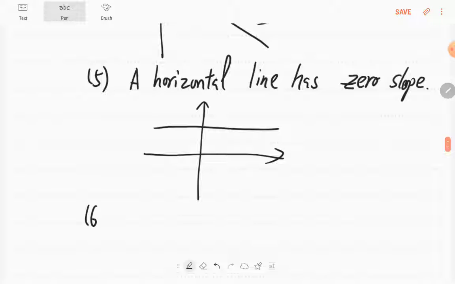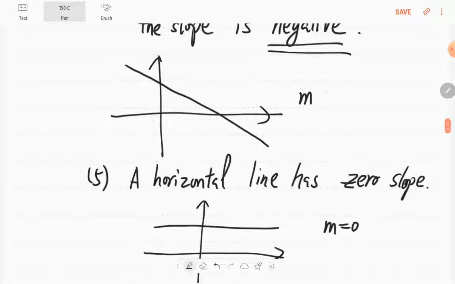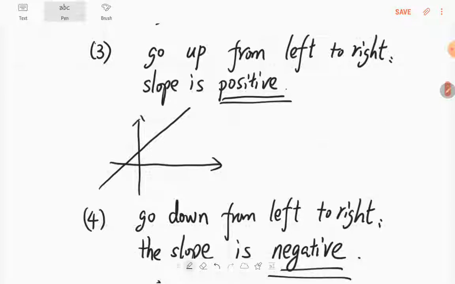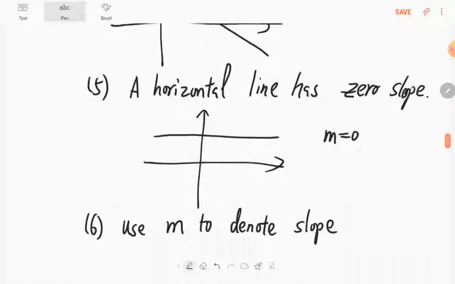We like to use lowercase m to denote a slope. So for this case, m equals 0. For this case, the slope is less than 0. And for this case, the slope is greater than 0. For the vertical line, the slope does not exist. For the horizontal line, the slope is 0.